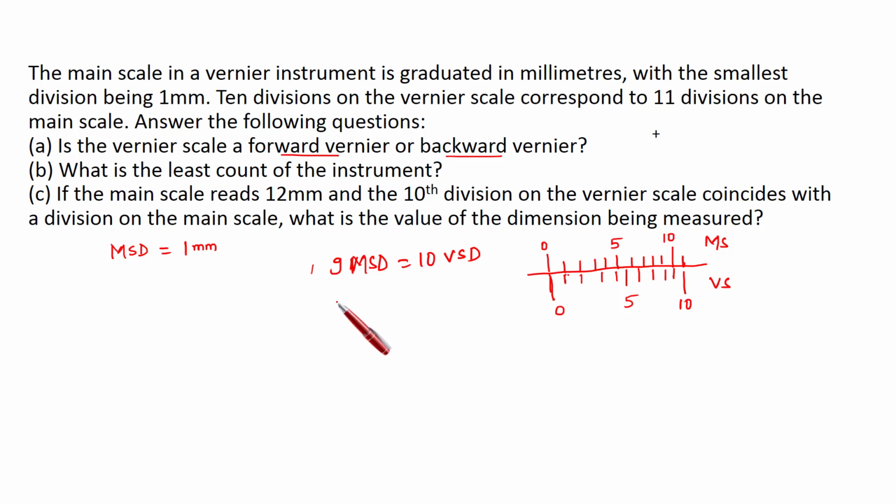But in this question there are total 11 main scale divisions equal to 10 vernier scale divisions. That means, look here, 9 main scale divisions is equal to 10 vernier scale divisions. So 9 main scale divisions means how much? 9 mm is equal to 10 vernier scale divisions. So 1 vernier scale division will become 0.9 mm, right?